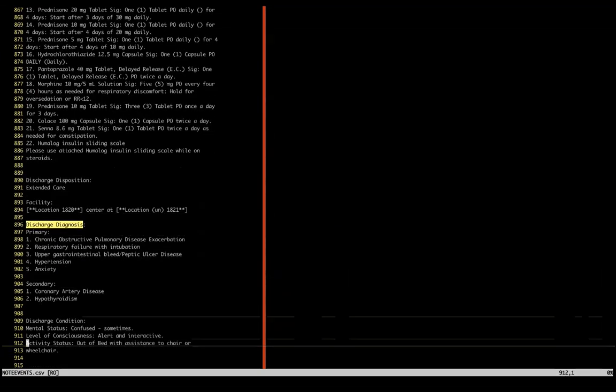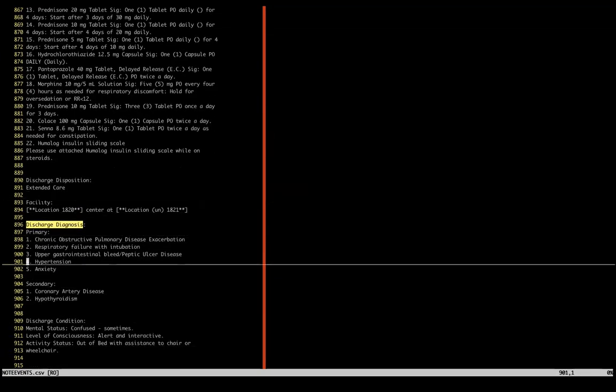And the diagnosis given to the patient at discharge was chronic COPD, so chronic obstructive pulmonary disorder, respiratory failure with intubation, respiratory failure, and upper gastrointestinal bleed. So your upper gut is bleeding.